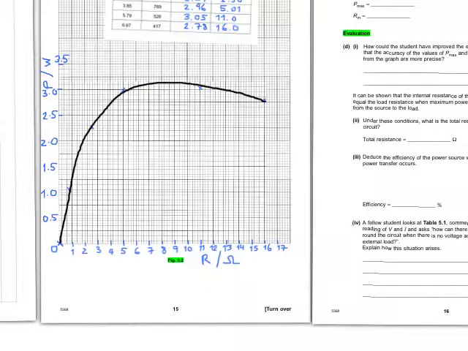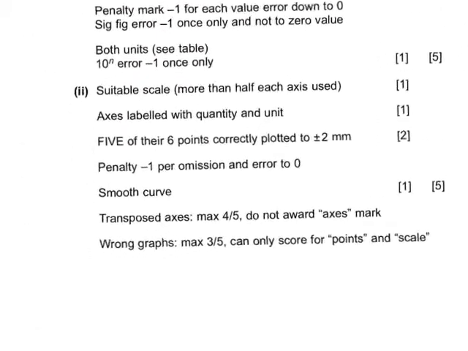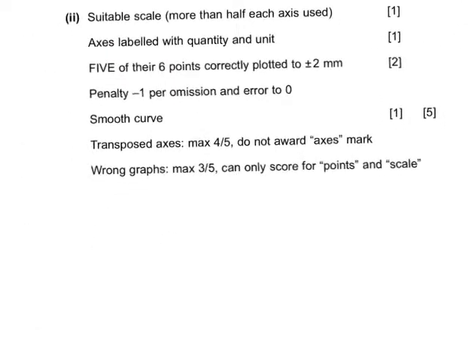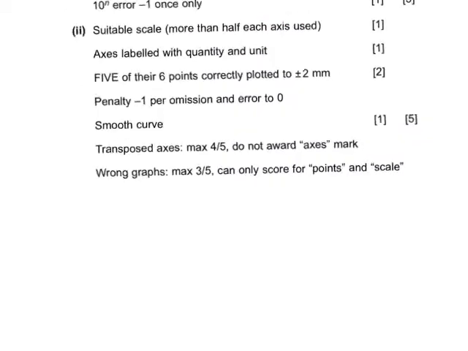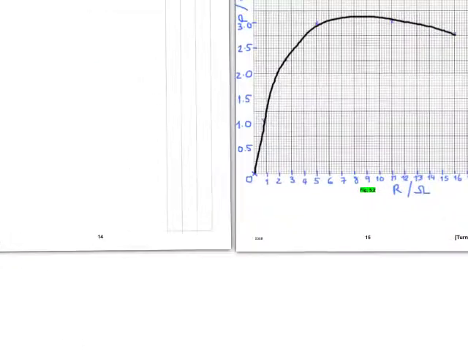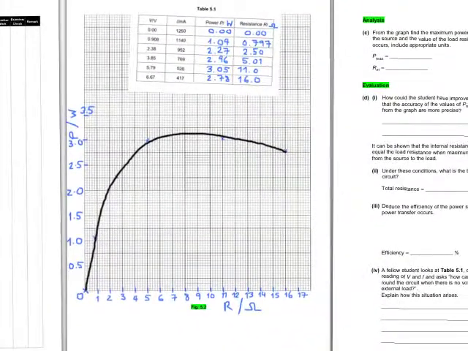Let's have a quick look at the mark scheme for this, and you'll see that what we're looking for is a mark for the scale. You have to use more than half of each axis. So quick look back at this and you'll see that our axes, I've just about gone over 50%, just about, in terms of the y.